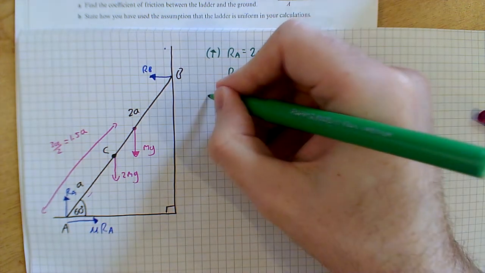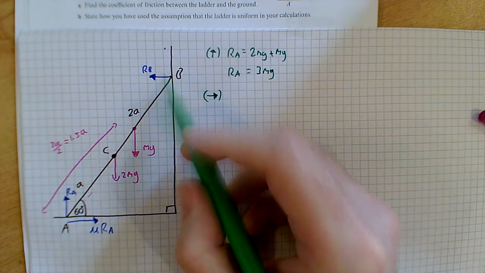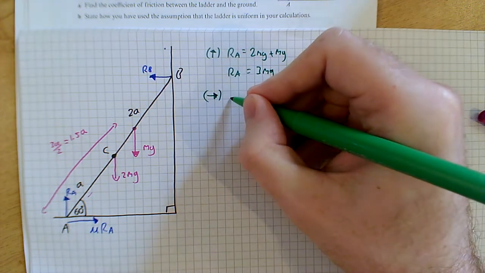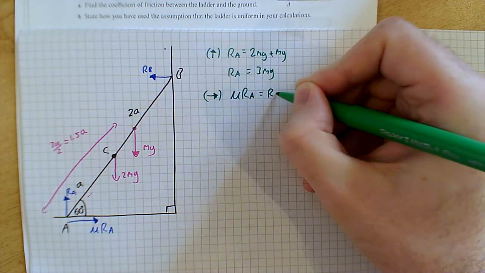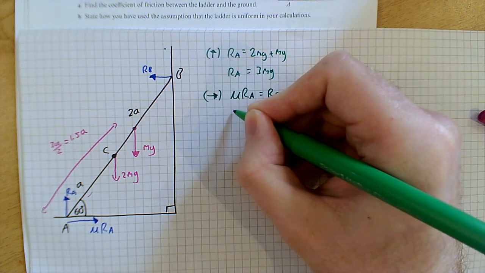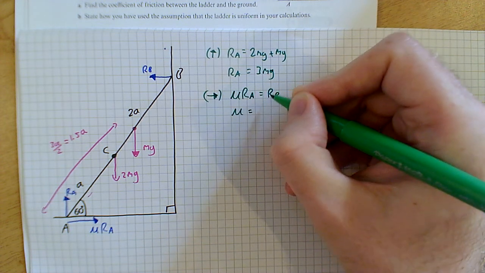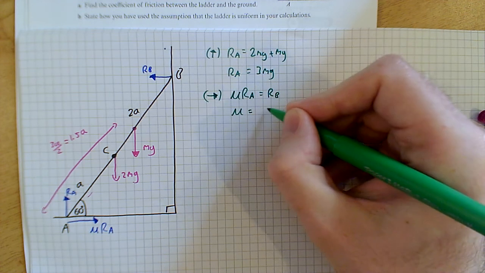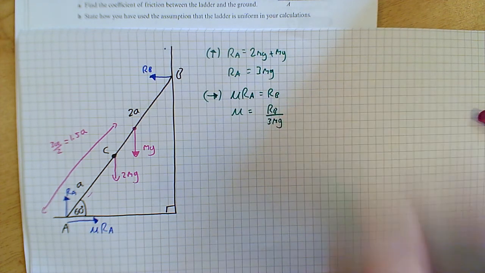If we resolve horizontally, we've only got two horizontal forces. We've got this one and this one. So we've got that mu RA equals RB. So mu is RB over RA, and we know that RA is 3mg, so this is RB over 3mg.